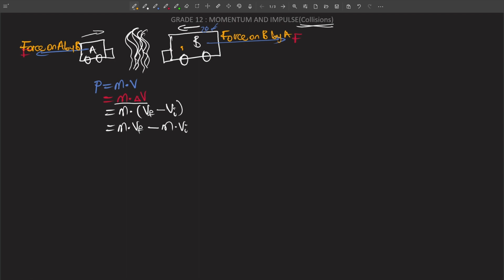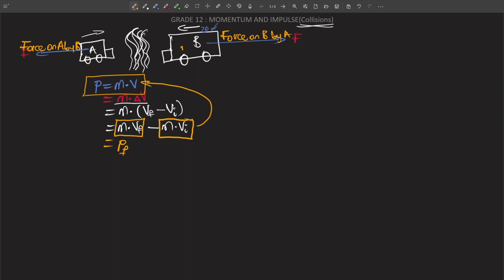Now if you look at these two terms, they take us back to the original momentum formula, meaning that we will have our final momentum, the product of the final velocity and the mass of the object.